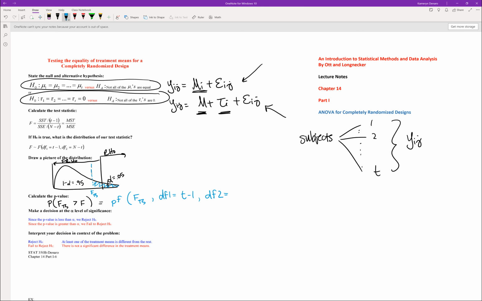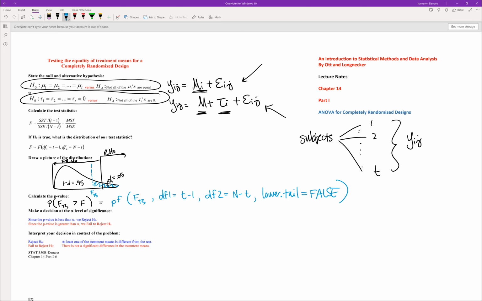Degrees of freedom 2 is going to equal n minus t. And I'm going to say lower.tail equals FALSE, because I want that upper tail probability in R. So essentially we're finding the area under the curve, assuming the null hypothesis is true, of being beyond our test statistic, so being further in the tail.